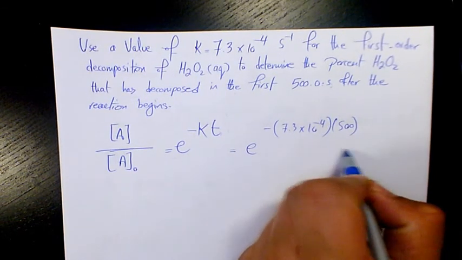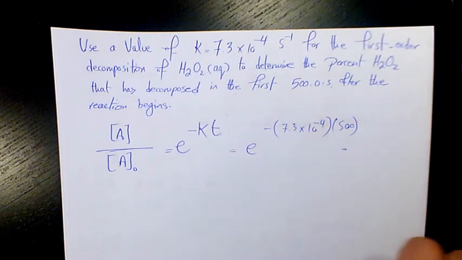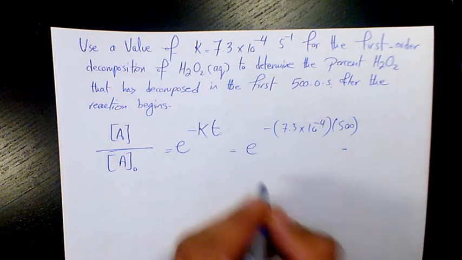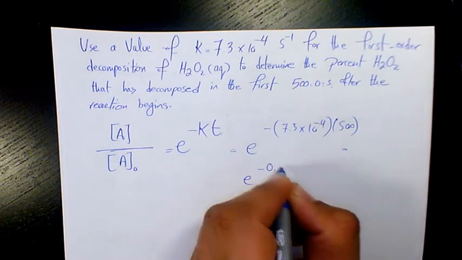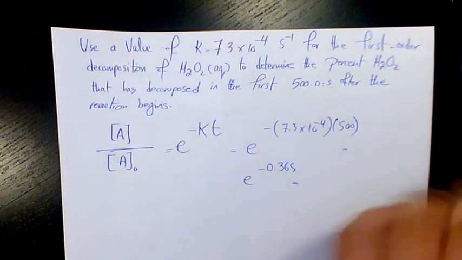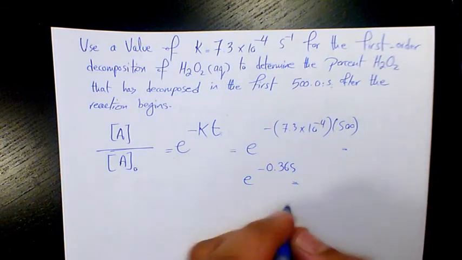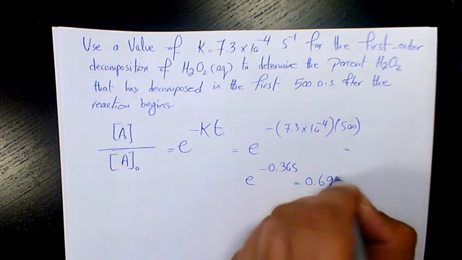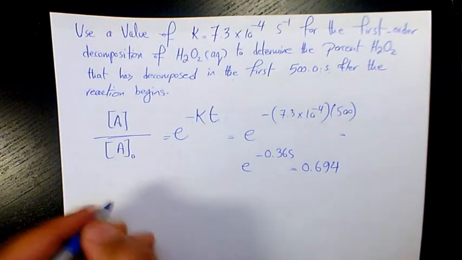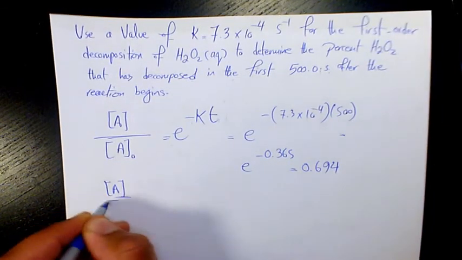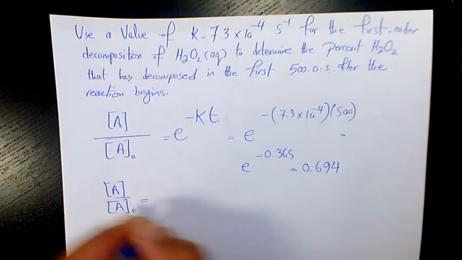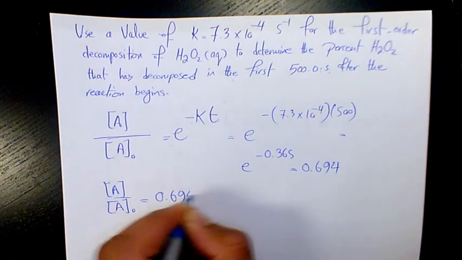So let's calculate this part. 500 times 7.3 times 10 to the power of negative 4. That's e to the power of negative 0.365. That's going to be 0.694. So A over A naught is going to be 0.694.